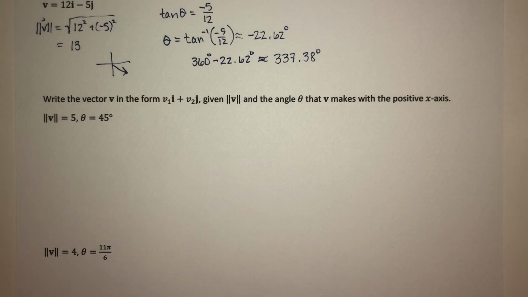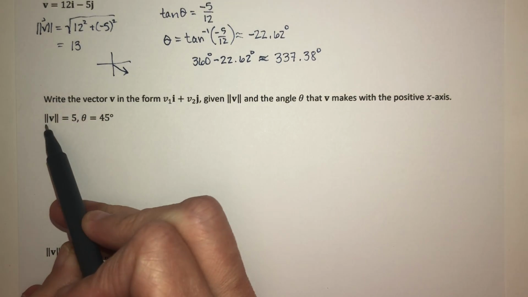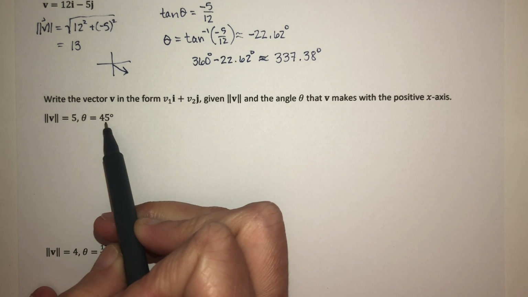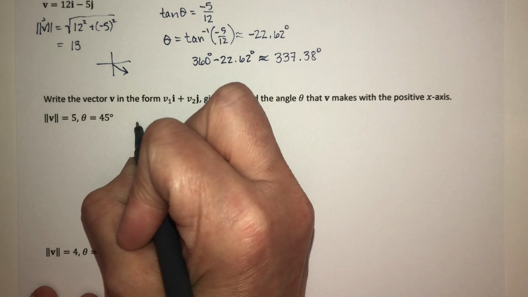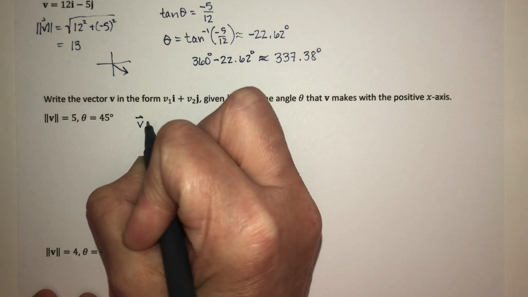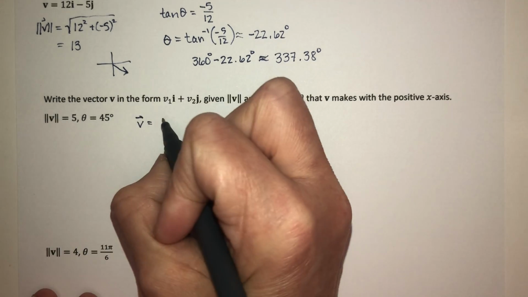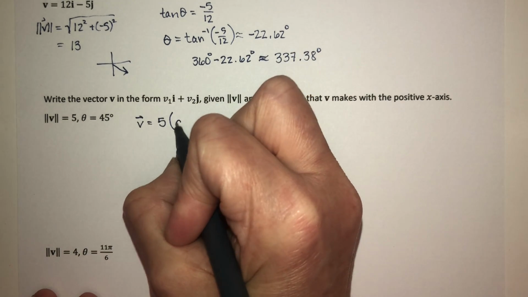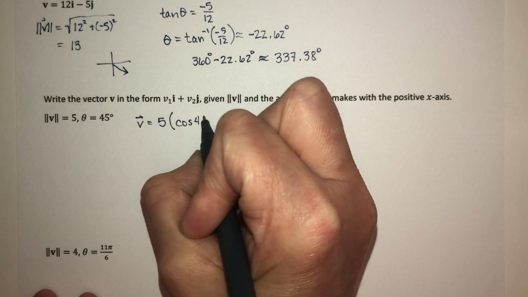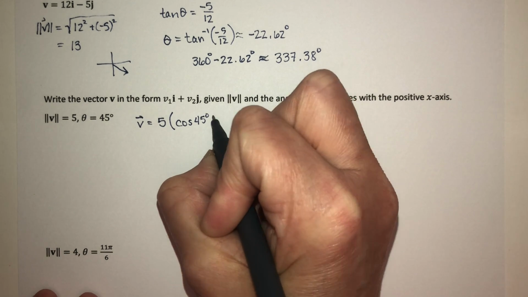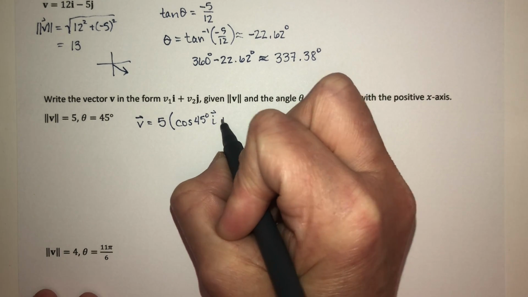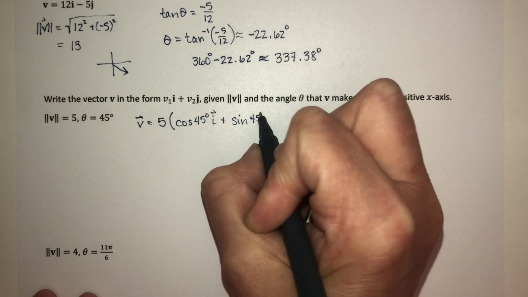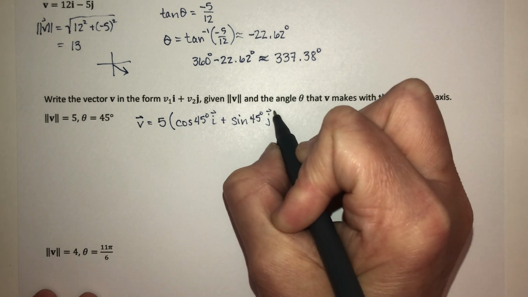So given that, if I'm given the magnitude of v being 5 and our reference angle is 45 degrees, then my vector v is going to equal the magnitude times cosine of this angle times vector i plus sine of that angle times vector j.